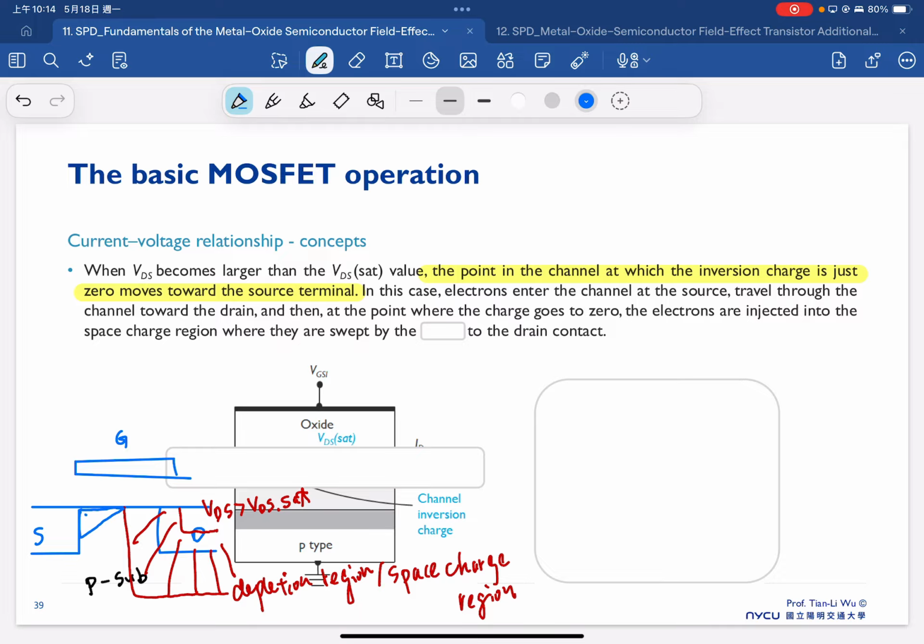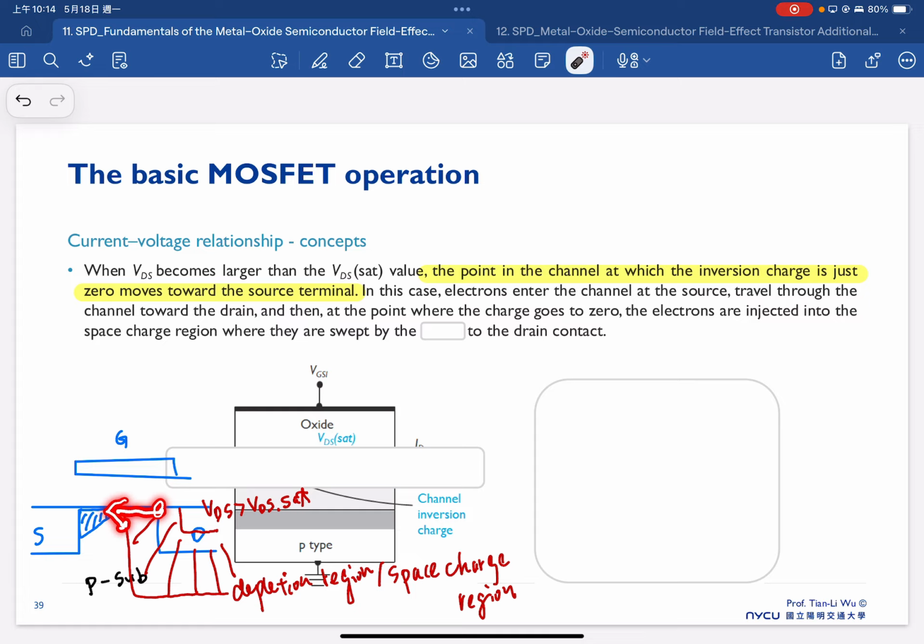That's our inversion channel. This is how the text illustrates that the point in the channel will move toward the source terminal.